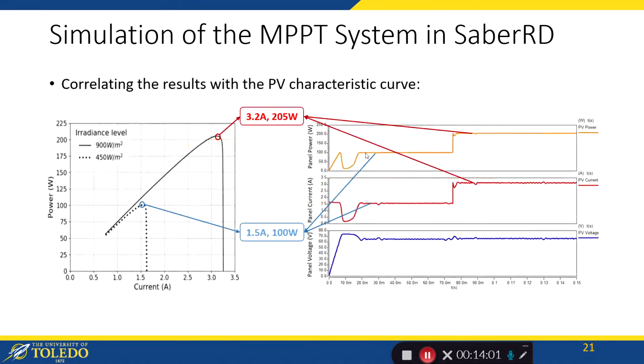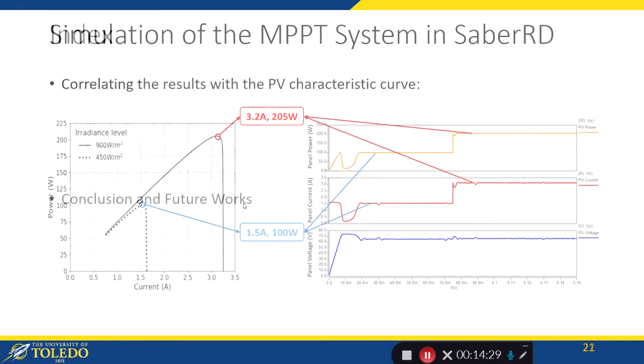We see that more clearly over here, where we can directly correlate these two graphs side by side, where the maximum power of 205 watts at 3.2 amps is represented by the lines after 75 milliseconds, and the maximum power for 450 watts per meter squared at 1.5 amps and 100 watts is represented by the lines of this output curve before 75 milliseconds.